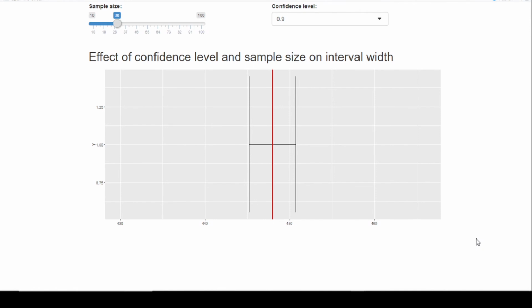So the red line that you see is the population mean, mu, and then in black we have a confidence interval. So here we have a 90% confidence interval if we take a sample of size 30. So first of all, we can change the sample size and see how it will influence the width of my confidence interval. So if I decrease my sample size, then I expect my confidence interval to widen.